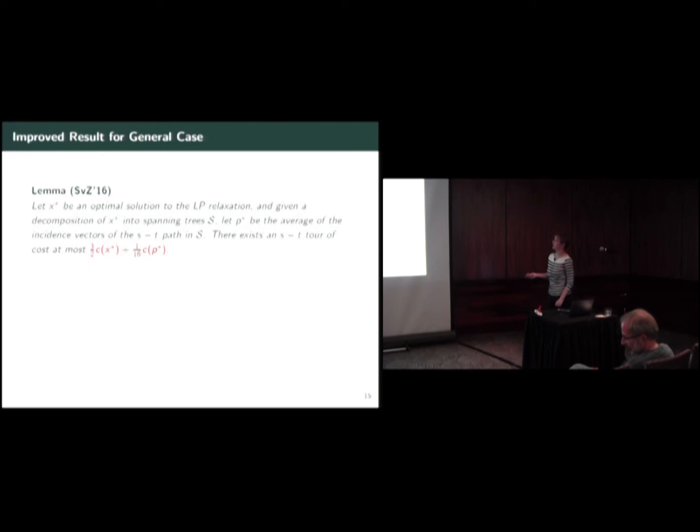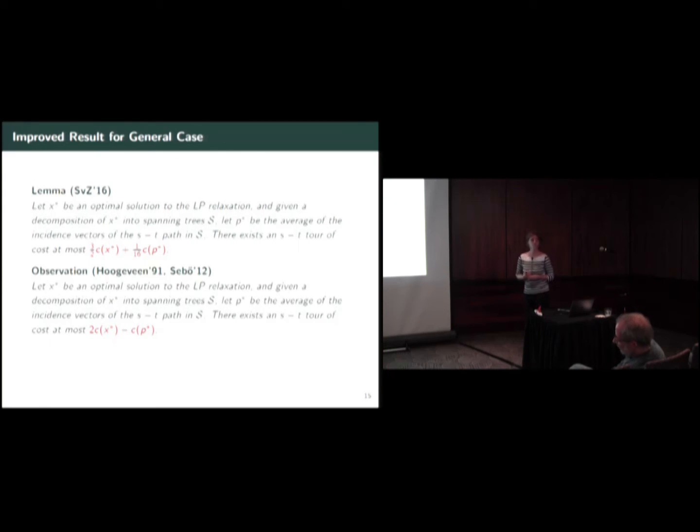Okay, so that doesn't give us any approximation algorithm yet, but it does once we combine it with this observation. So this was an observation in Hoogeveen and also used by Andras. If you take x star to be an optimal LP solution, P star is the average of the incidence vectors of the ST paths in the trees. There always exists a tour of cost at most 2 times the LP minus the ST paths.